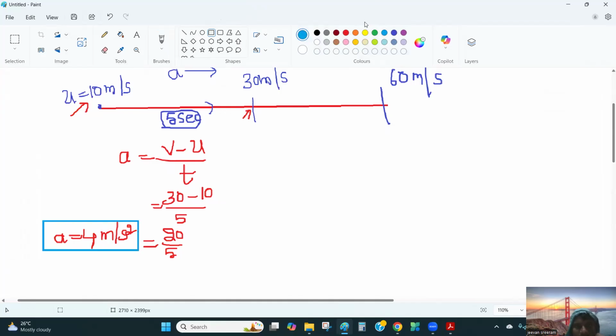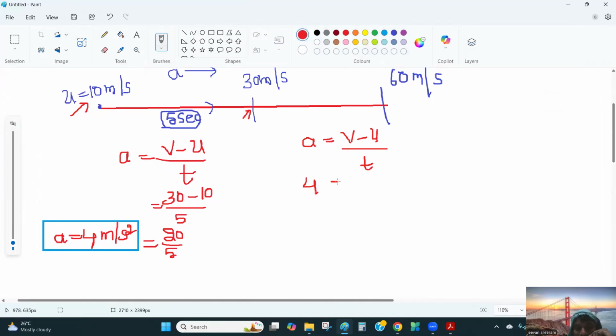Got acceleration. Now just apply the same formula to the next portion of its journey. Acceleration is equal to v minus u by t. We know acceleration is 4 meter per second square throughout its journey. So let's substitute even for the second portion of its journey.